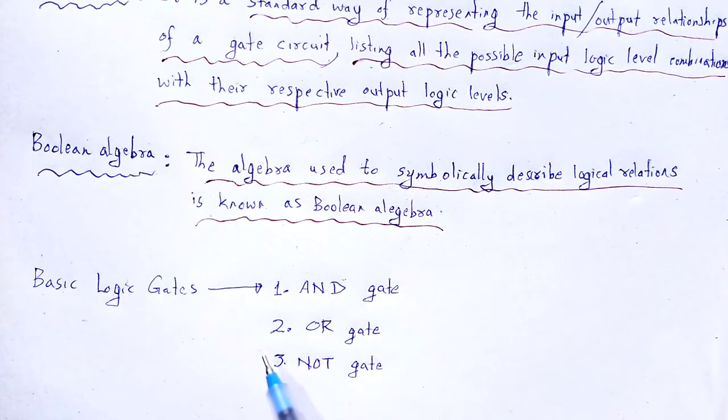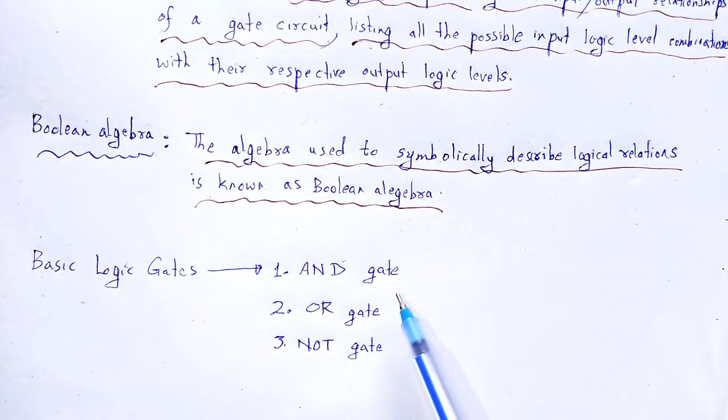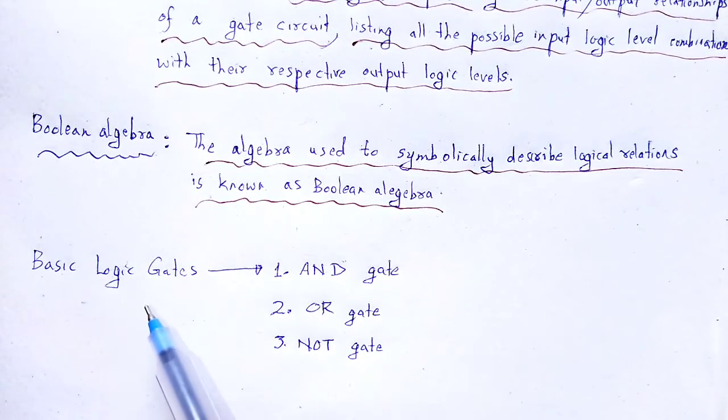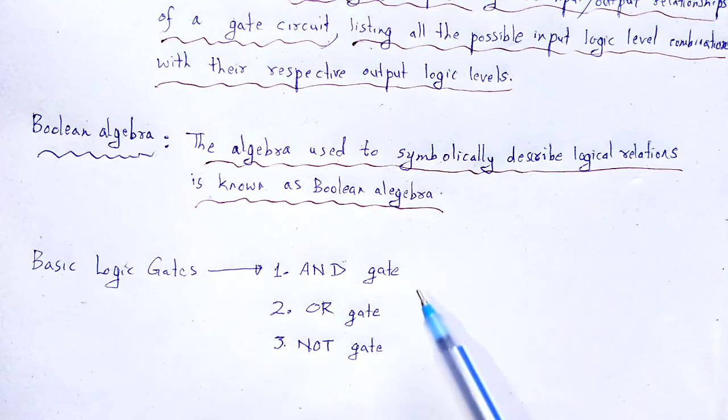For the AND gate, in terms of Boolean algebra, we explain it.